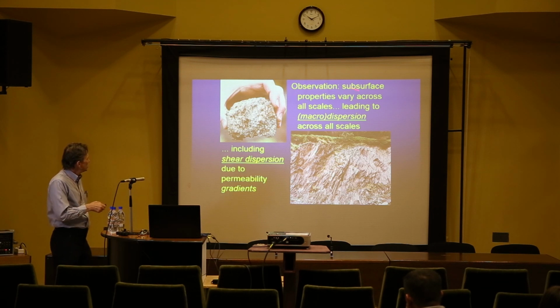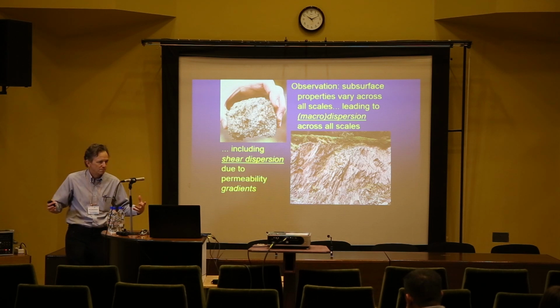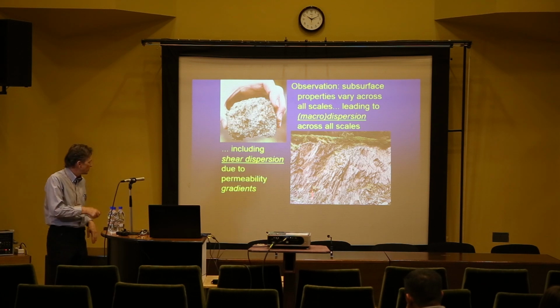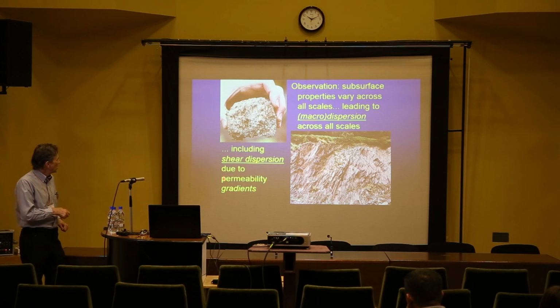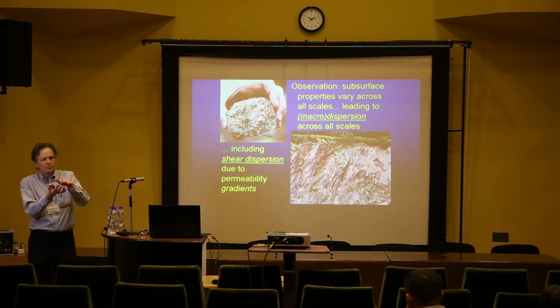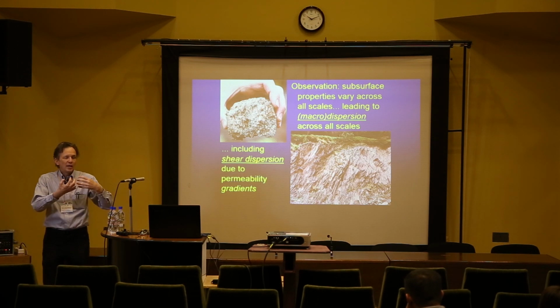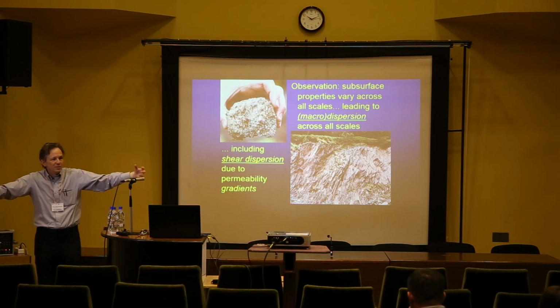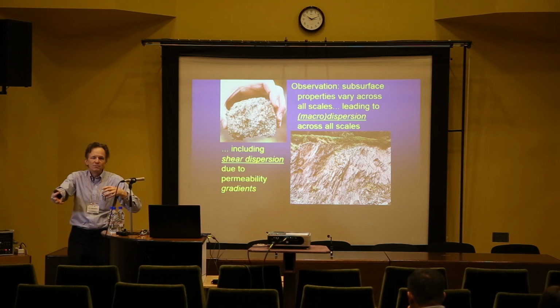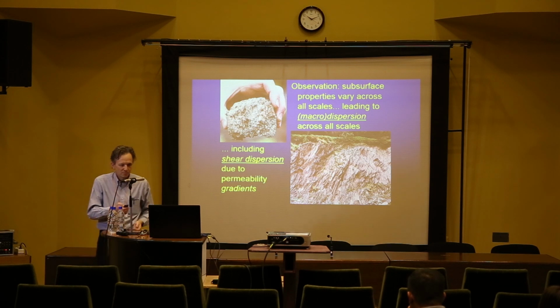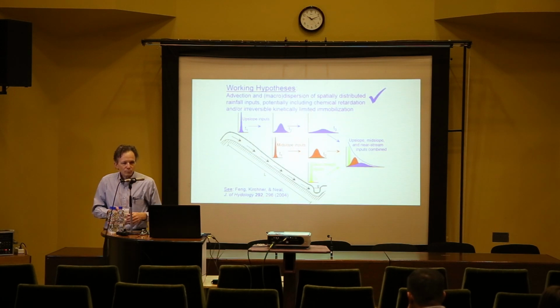And so we know that this kind of heterogeneity will lead to macro dispersion. And the fact that you have gradients in permeability means that you will have a phenomenon called shear dispersion, in which the water at one level flows faster than the water at another level, so that a tracer will spread simply because some of it is in the fast lane on the freeway and some of it is in the slow lane, right?